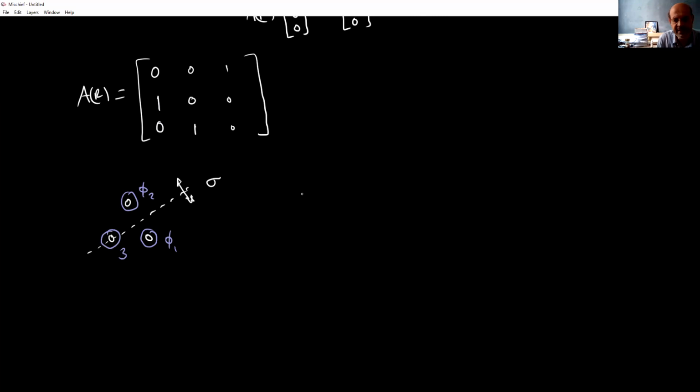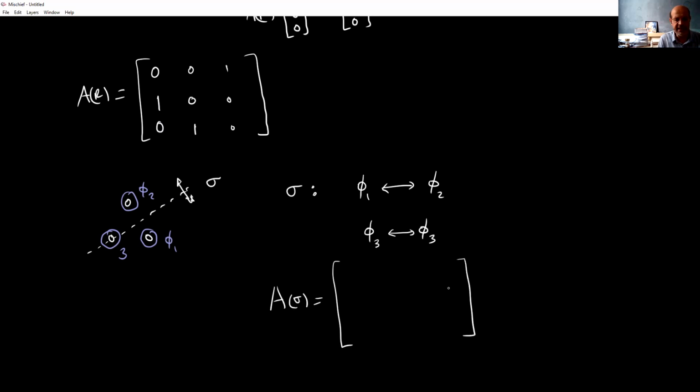So you can see that the sigma reflection changes phi1 into phi2 and phi2 into phi1, but converts phi3 into itself. Phi3 is left invariant. So therefore, the representation matrix for sigma would leave the third vector invariant, and convert the first two vectors into each other, right? And so as a result, you can see that the trace is equal to 1.